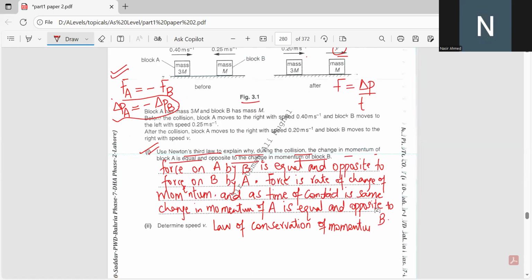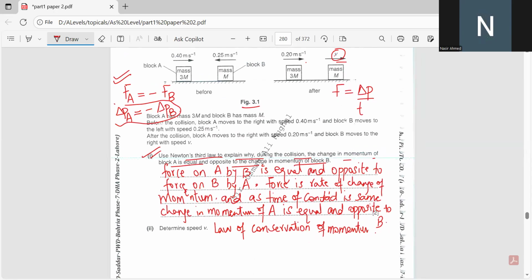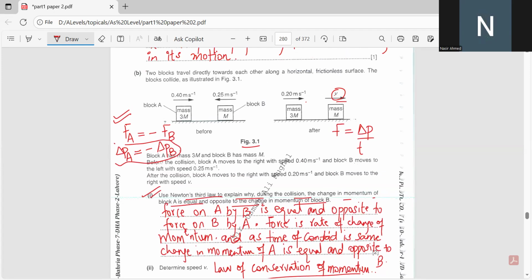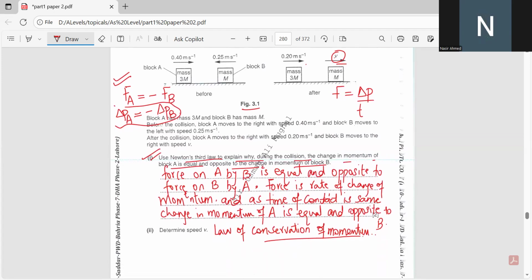We will apply the law of conservation of momentum. So applying the law of conservation of momentum, what it says is that the body which is moving to the right will be equal to m1 multiplied by v1. What is the velocity v1? It is 0.4, and it is to the right, so it will be taken as positive.